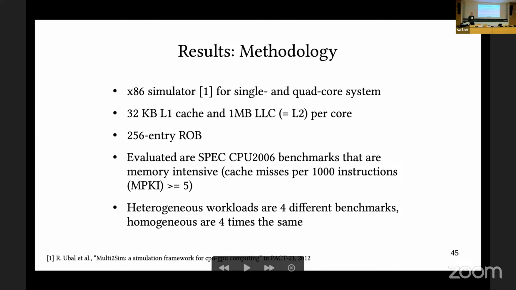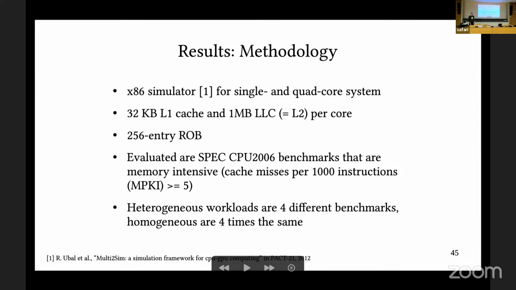The ROB has 256 entries. The benchmarks are from SPEC CPU 2006, and they restrict what they use to what they call memory intensive, so a lot of cache misses per instruction, basically, is the criterion.